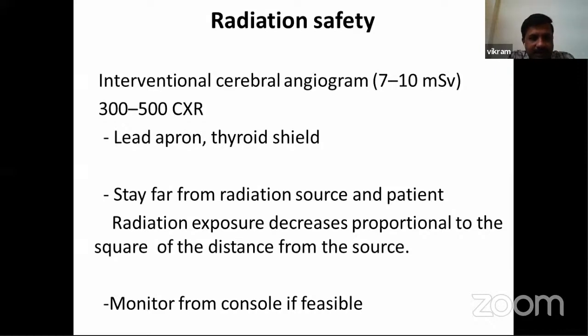And we know that radiation exposure follows the inverse square law. That is, the exposure decreases in proportion to the square of the distance from the source. So try to stand as far as possible from the patient and the radiation source. And if possible, try to monitor from the console. As you can see here, you can stay inside the console room and monitor the patient.